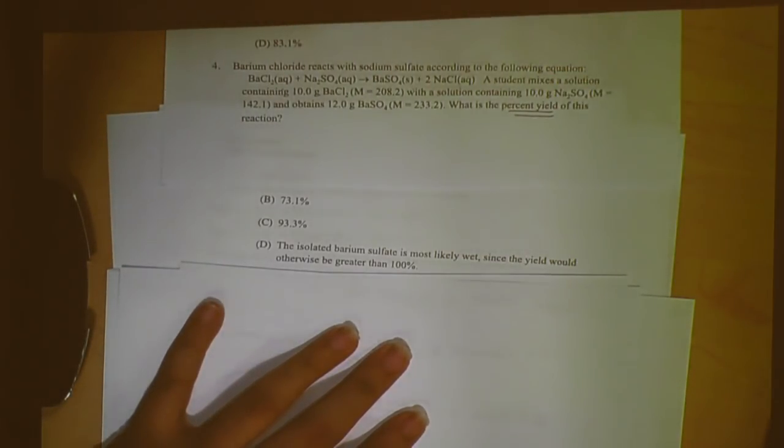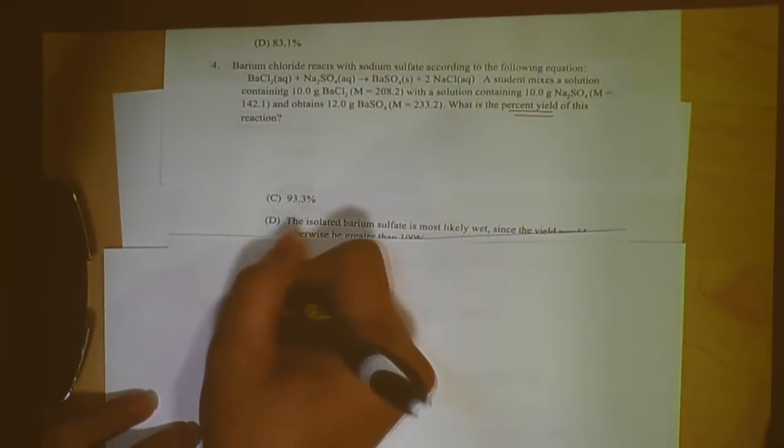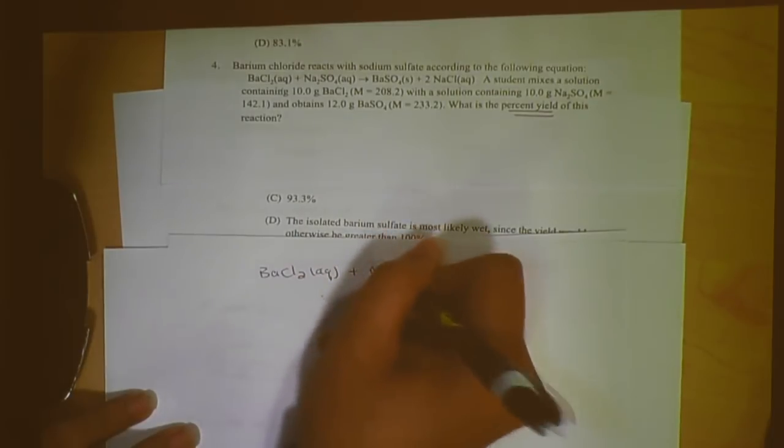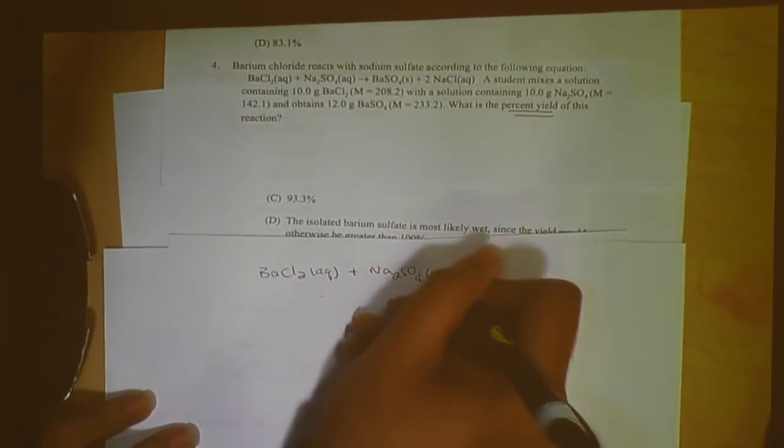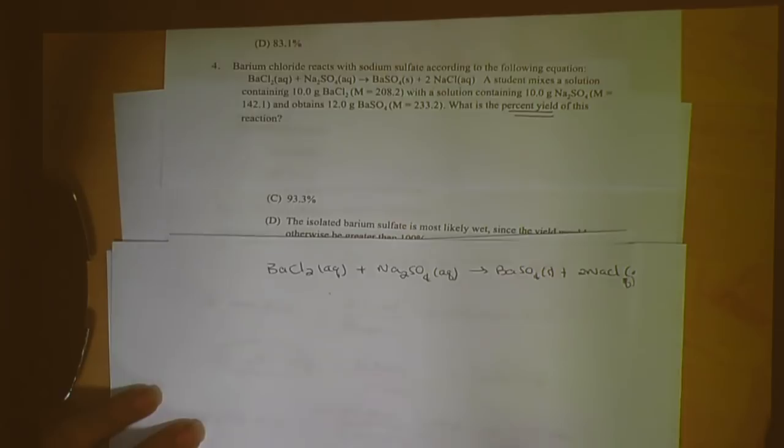So what I would do in solving a question like that is take out all the information they give me and kind of list it down. So they tell you, the equation is BaCl2 aqueous plus Na2SO4 aqueous gives you BaSO4 solid plus 2 NaCl aqueous. Okay?